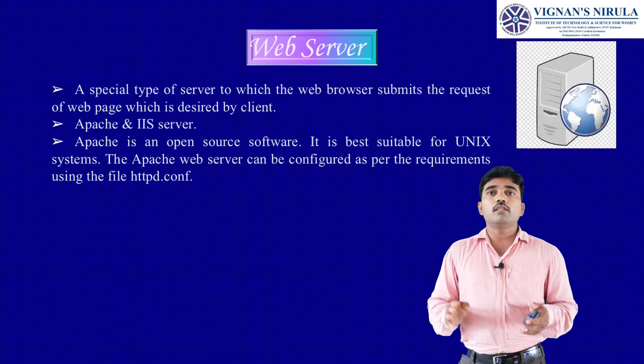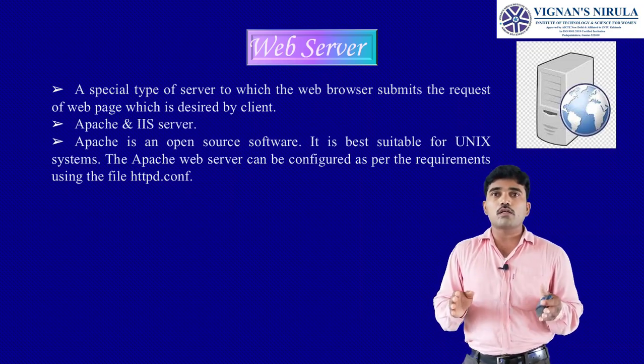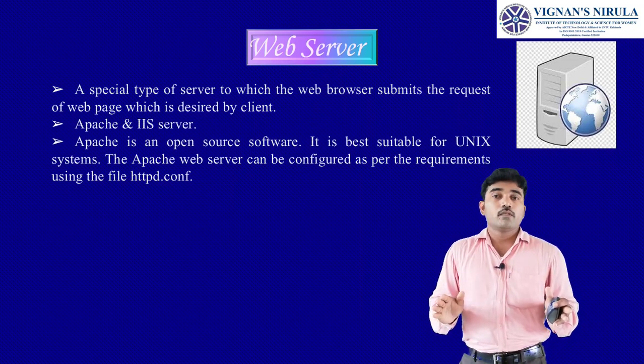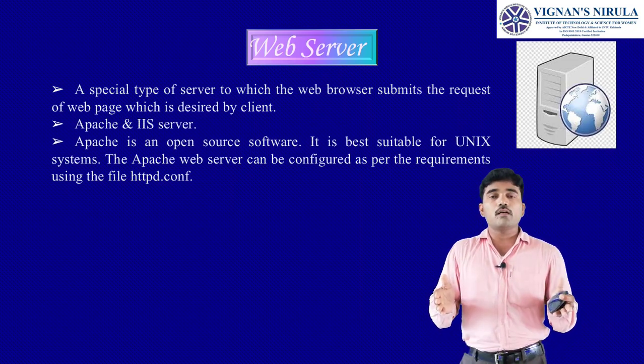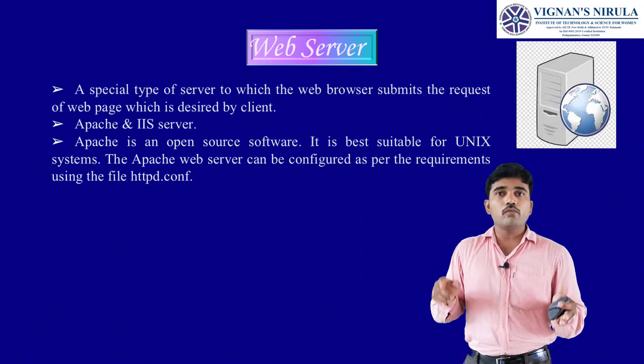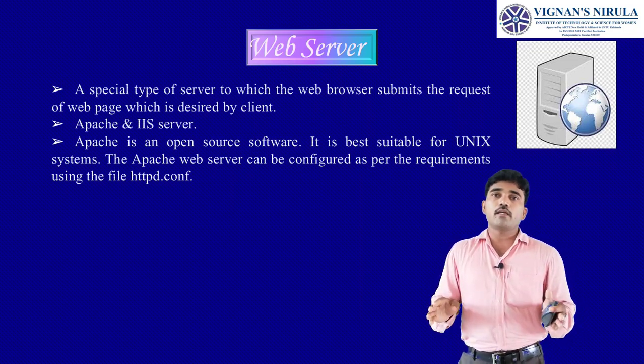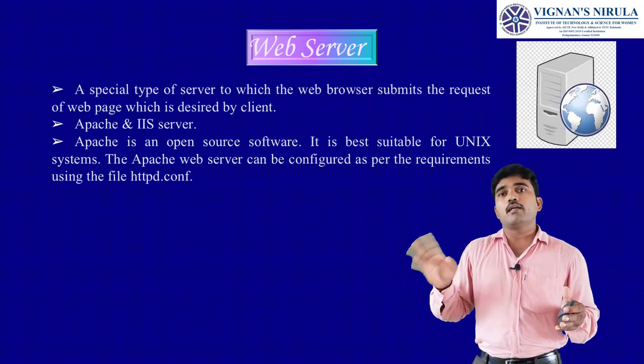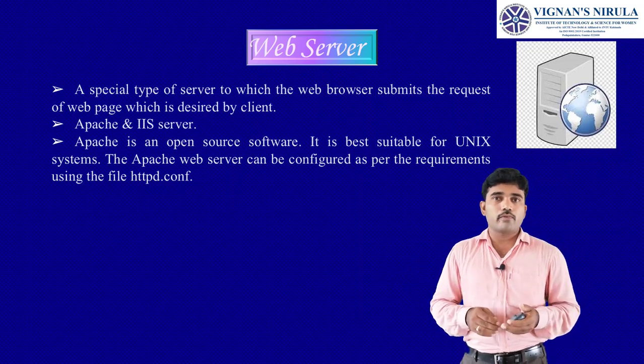Apache is an open source software which is best suited for Unix operating system, as I told you previously. You can configure the Apache web server with the help of a configuration file, and its name is httpd, and its extension is conf, because it is a configuration file.